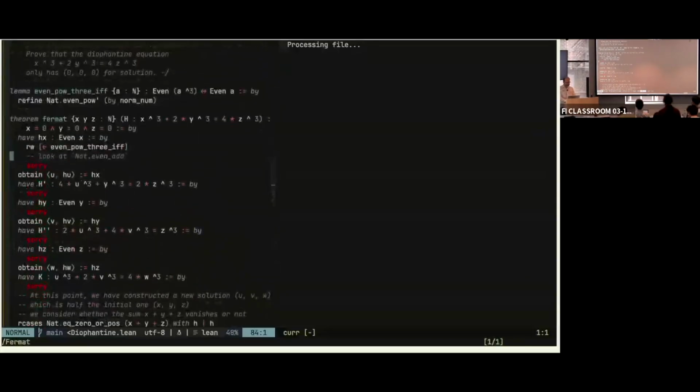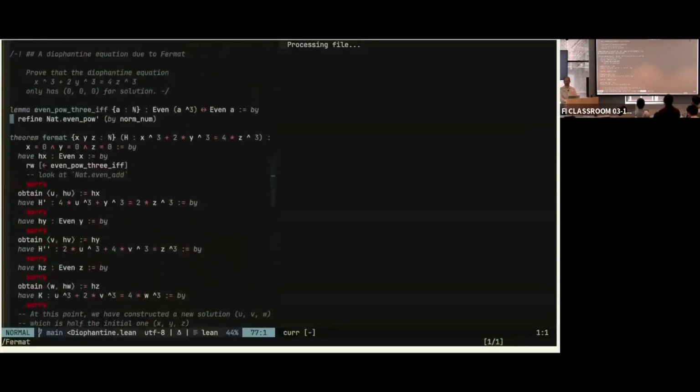I had written for you a lemma that says a cube is even if and only if the number is even. So now I prove that x is even. I suggest you have a look at this function, not even add. And then if x is even, then x is u plus u. That's the definition of being even.